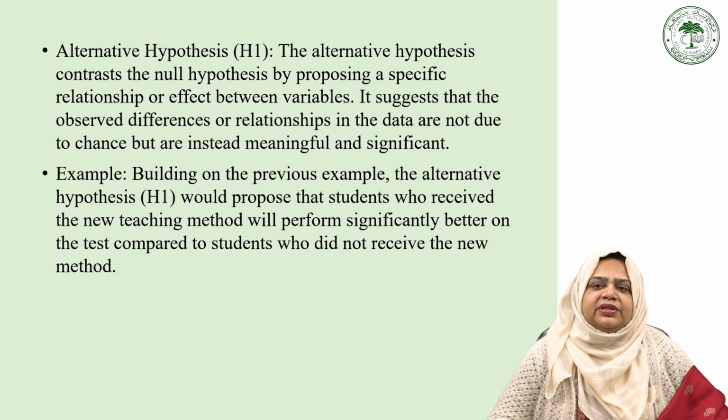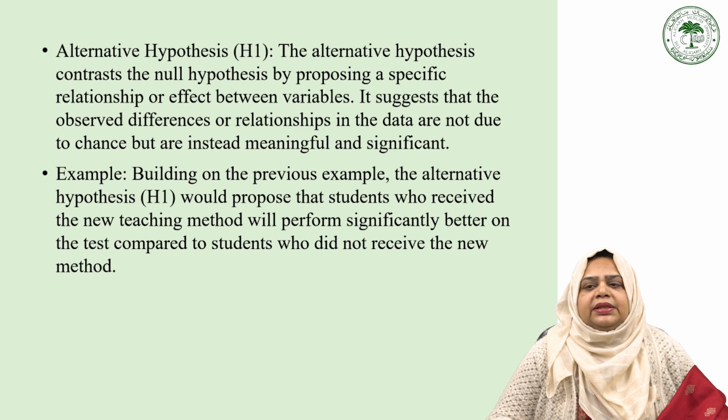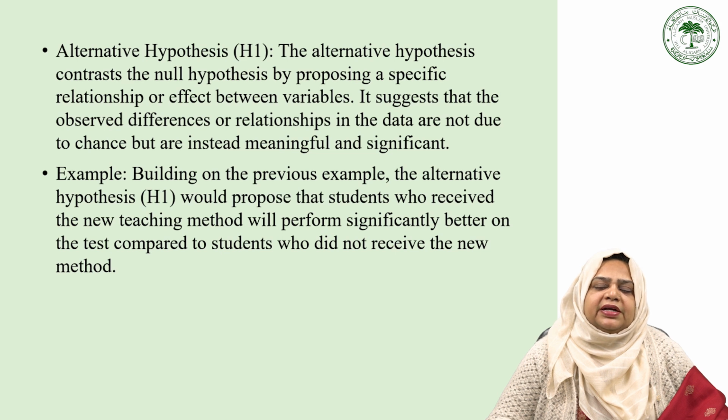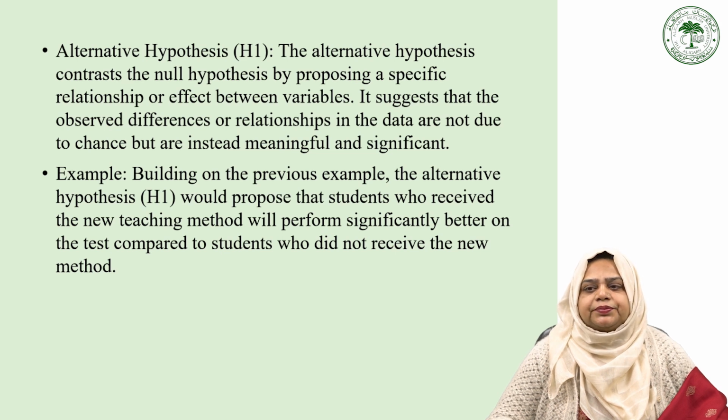This distinction between the null and alternative hypothesis is fundamental in scientific research. While the null hypothesis serves as a starting point, assuming no effect or relationship, the alternative hypothesis challenges this assumption by proposing a specific outcome. By doing so, it allows researchers to explore and analyze the potential impact of various factors on observed data.